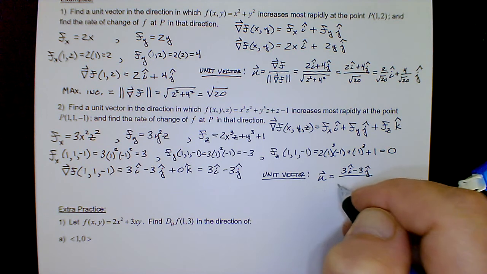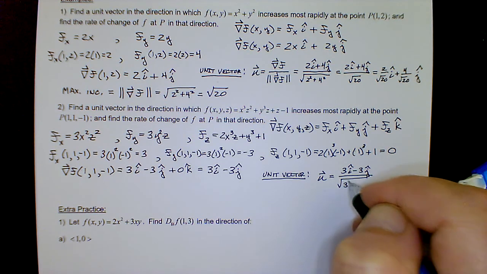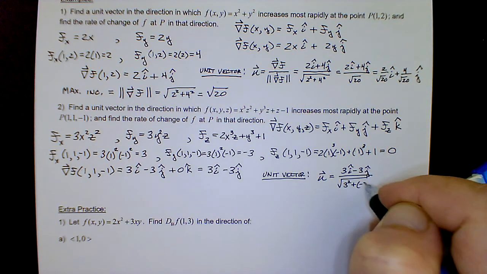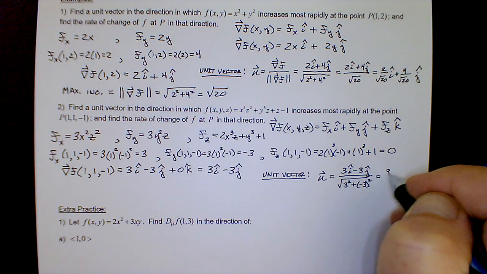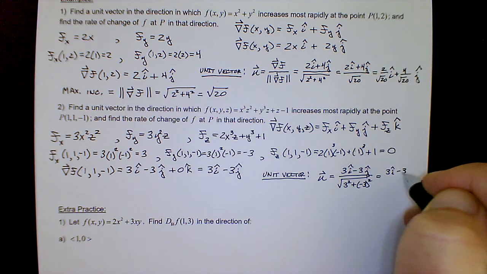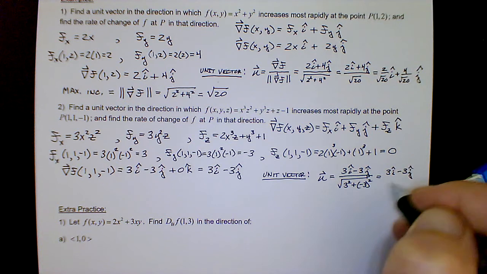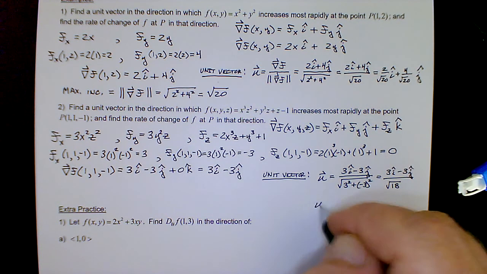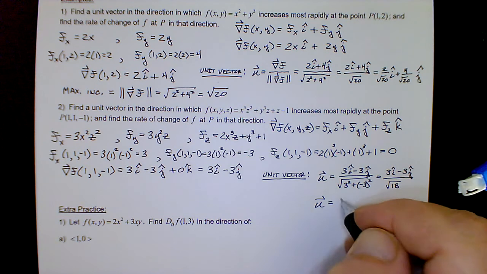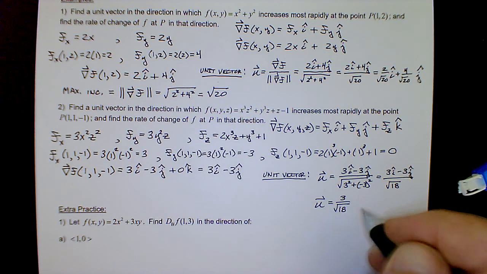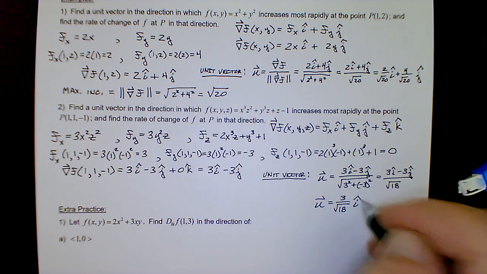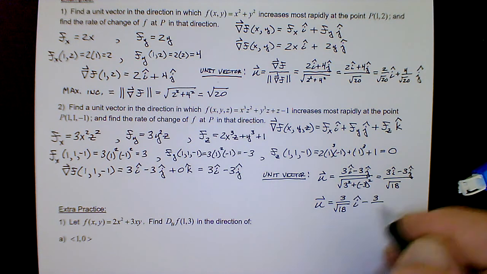So we get 3i minus 3j over the magnitude, which is the square root of 18. And I'm just going to leave it as 3 over the square root of 18 times i, and then minus 3 over the square root of 18 times j. And if you wanted to, you could simplify that and it'll make it look a lot prettier.